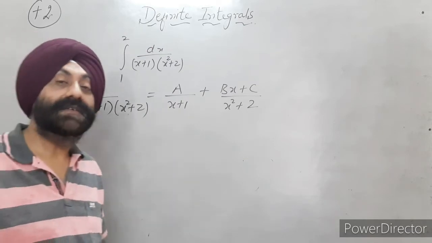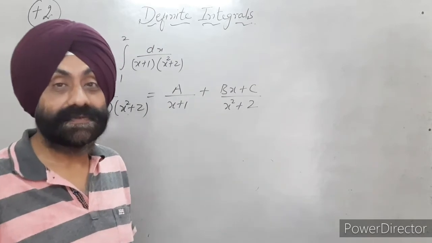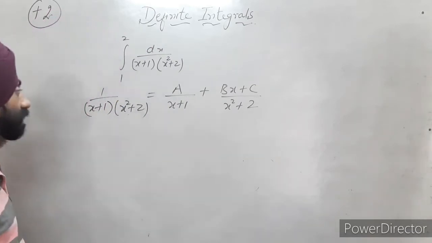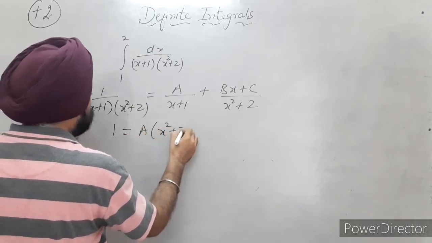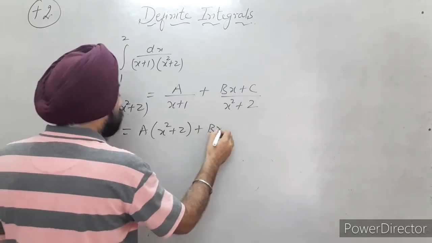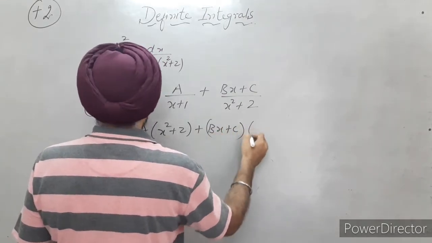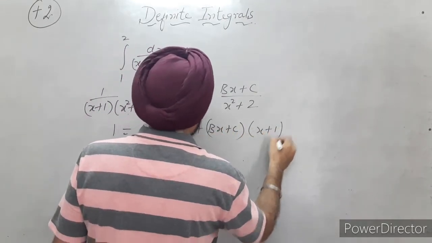Recall the facts, recall the results, recall the types which we use in indefinite integrals. 1 equals A(x square plus 2) plus (Bx plus C) multiplied by (x plus 1).